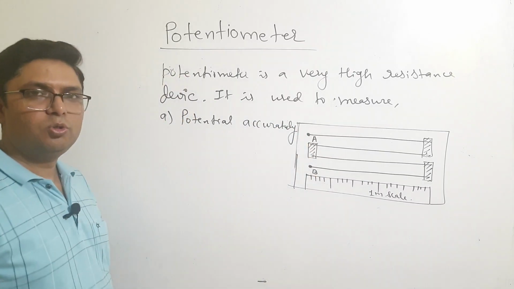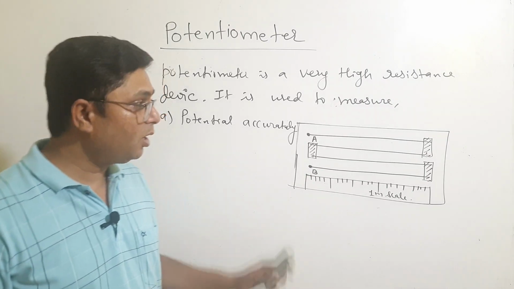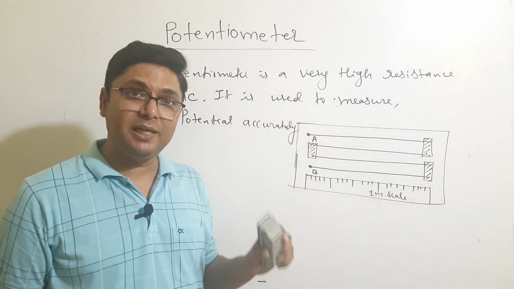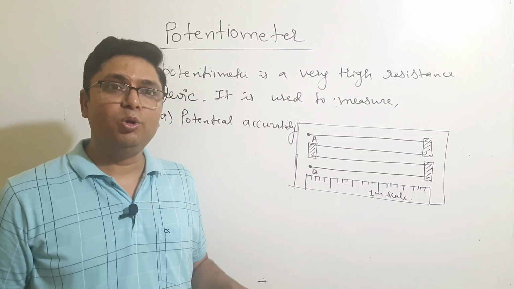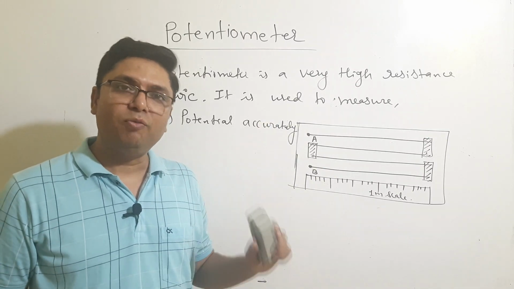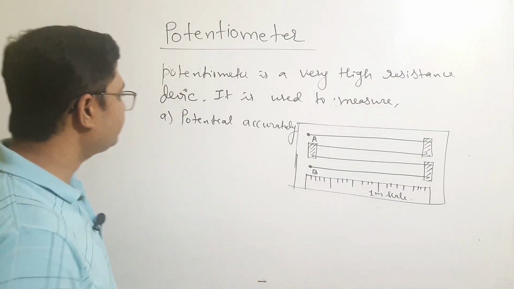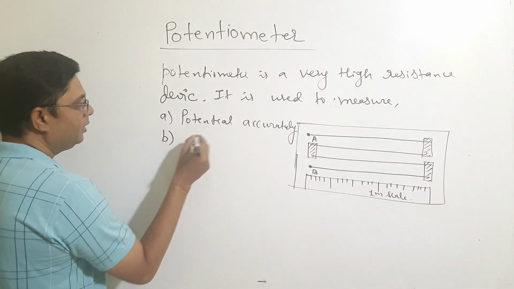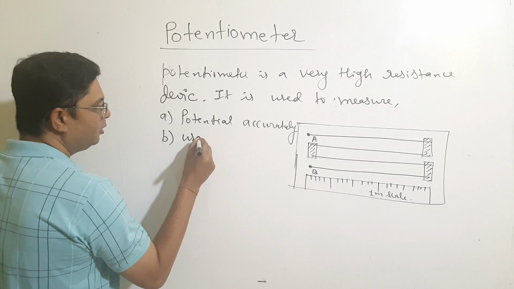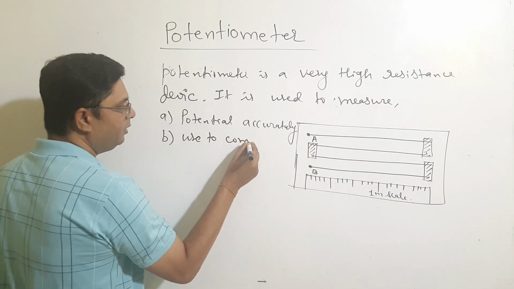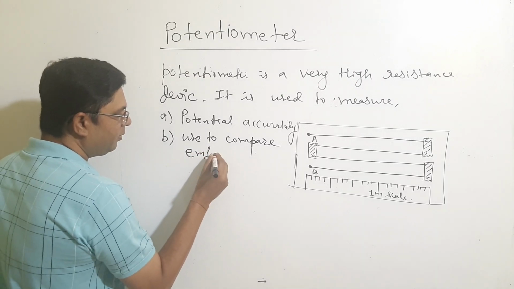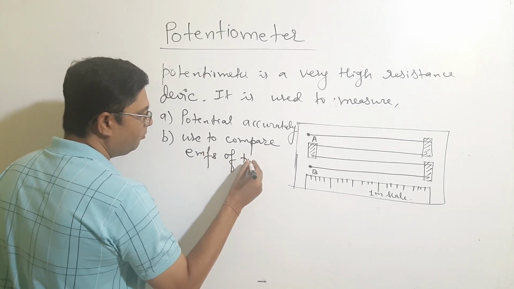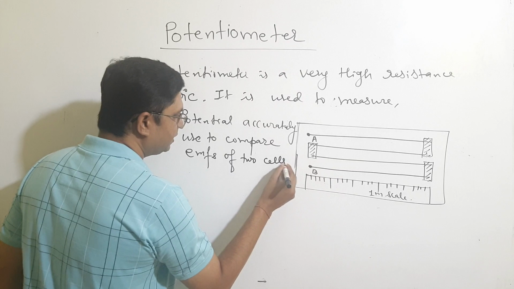It is used to measure potential accurately, because the potentiometer measures the potential of a battery without drawing current from that battery. Second, it is used to compare the EMFs of two cells.